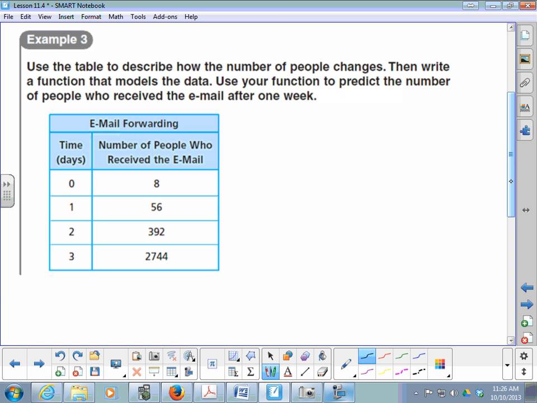I hope it's only 7. 56 divided by 8 is 7, right? That calculator says 56 divided by 8 is 7.375? That's a crazy calculator. All right, what's 392 divided by 56? 7, okay, so we have a constant ratio of 7, so this is exponential.